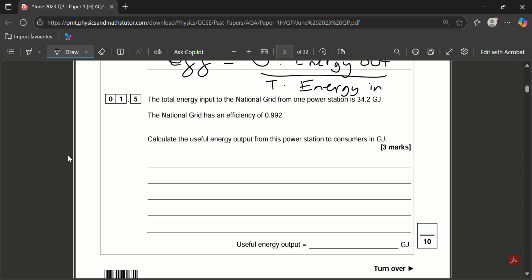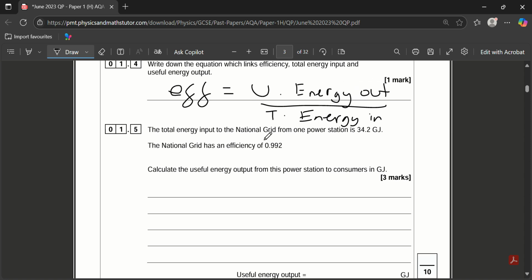We have to use this equation here because we're given total energy input and efficiency, and now we need to find useful energy output. It's going to be 0.992 equals, we're going to call this N, just replace the useful energy output with a variable.